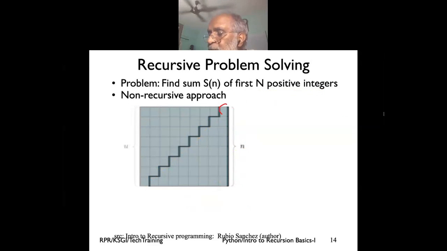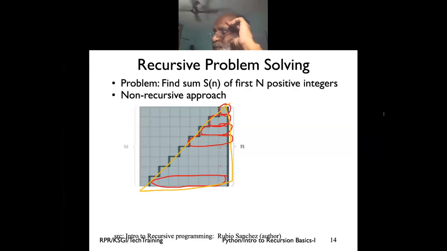So 1 is one small square, 2 is two small squares, 3 small squares, 4 small squares, and let's say I get n small squares. If I count the total number of squares, I'll get my answer. Aruna, is that fine? Yes, sir. Anybody else?